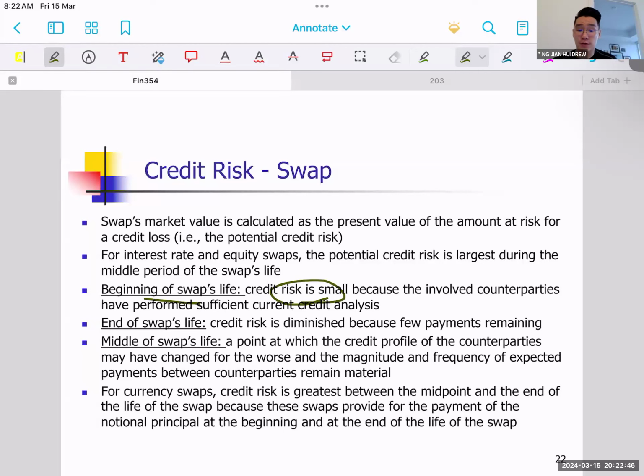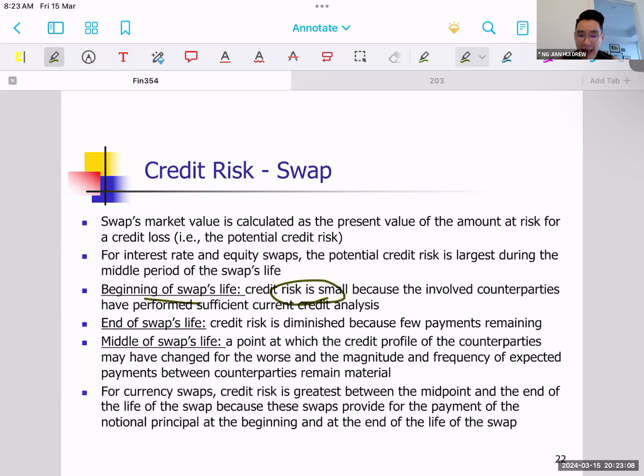Before we enter this swap agreement, both parties will do a lot of credit risk analysis. They make sure that the parties will not go bankrupt in the near future. And because all this risk analysis is done, your credit risk is very low at the start.